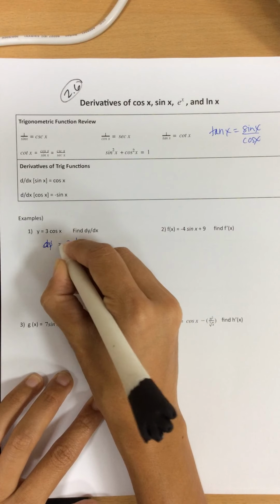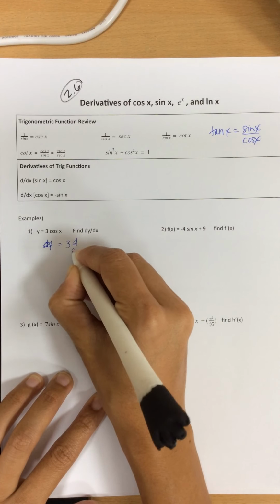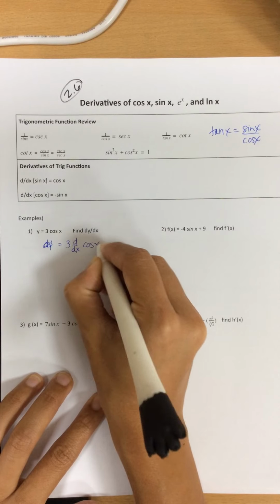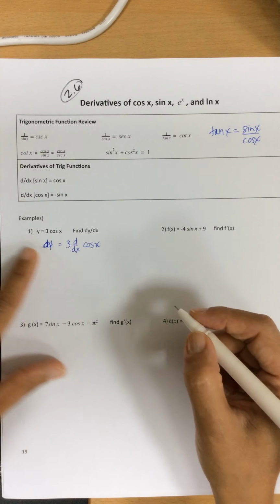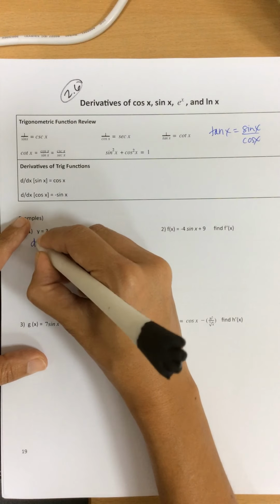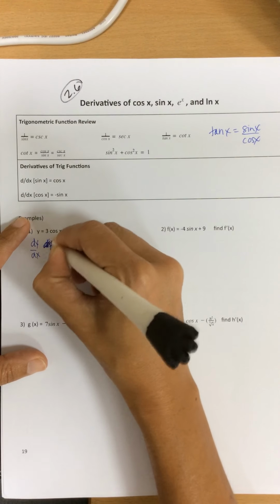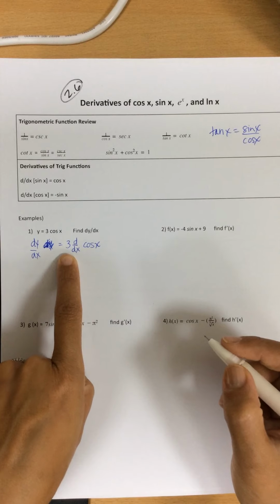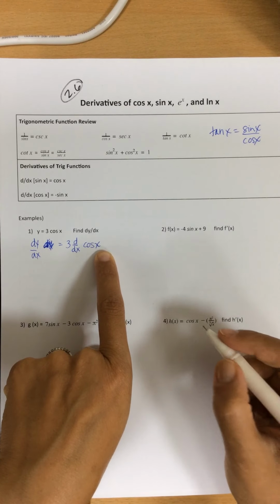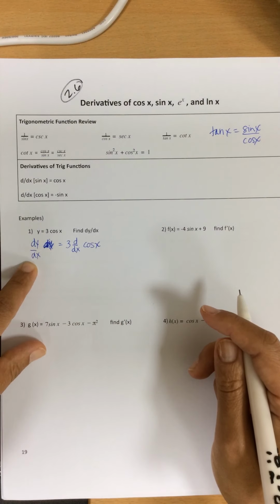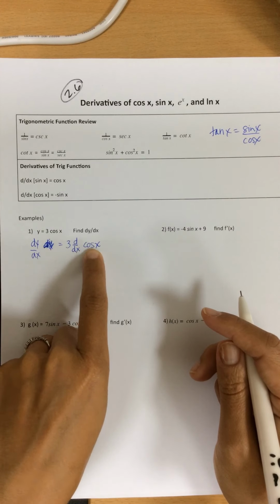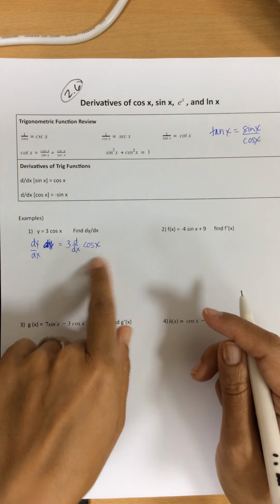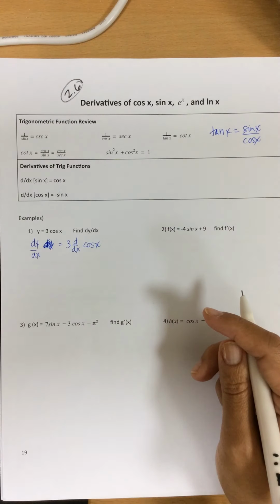I'm taking the 3 out. So dy dx equals 3 times the derivative of all of this, right? So this is the derivative with respect to x, equals 3 times the derivative with respect to x of cosine x. We're not deriving y on this side, there's no y. That's why that's not there.